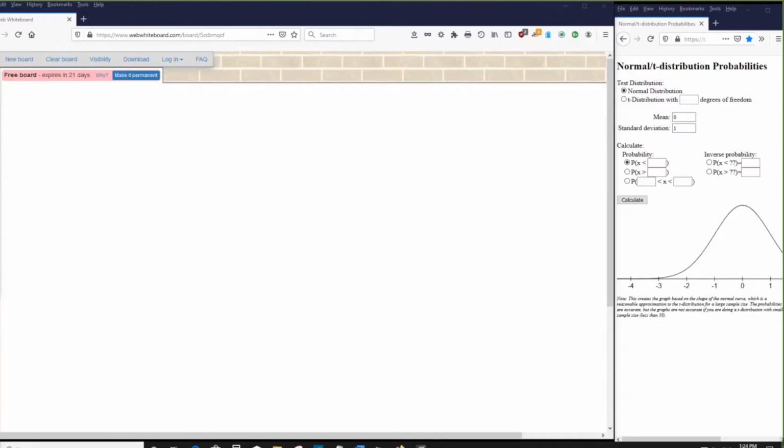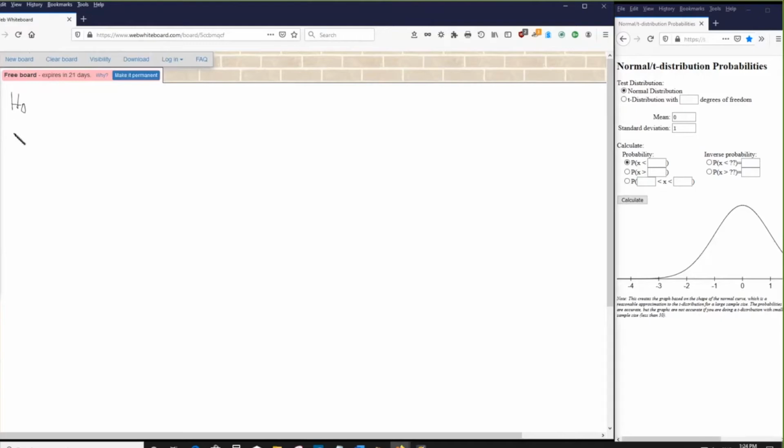The way we do hypothesis testing is we're going to set up two contradictory hypotheses. We're going to set up H0, which is called the null hypothesis, which is a statement that is believed to be true.